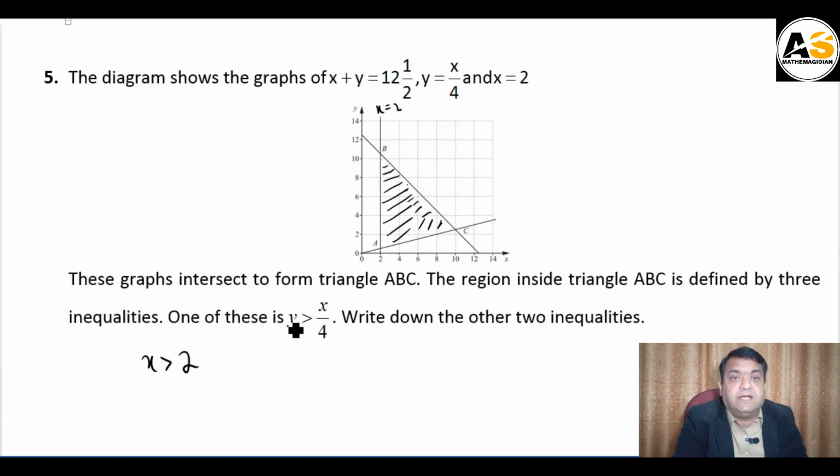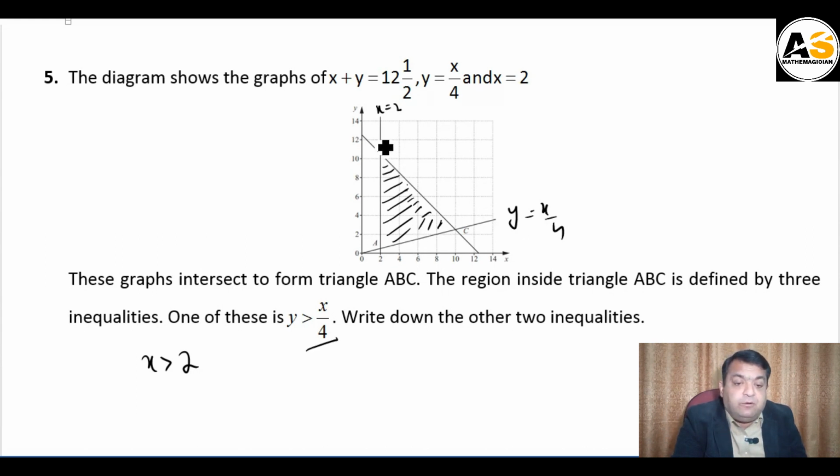This is the second inequality. The gradient of this one is positive because it is a rising line. This is a falling line, so the gradient of this is negative. So this is basically this line, y is equal to x over 4, and y is greater than x over 4 is the region which is shaded above this line, which is given over here.